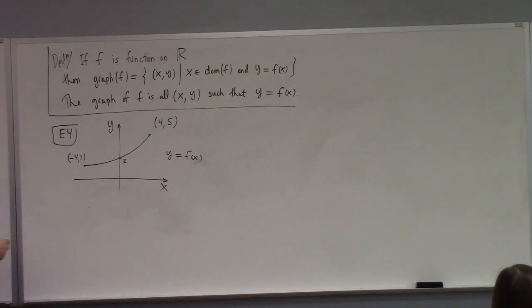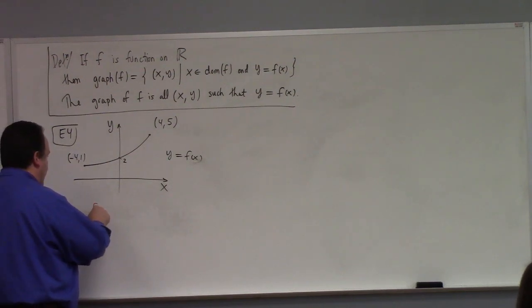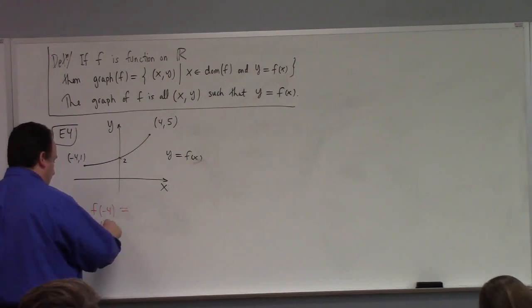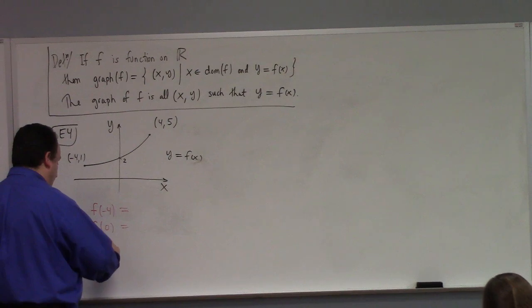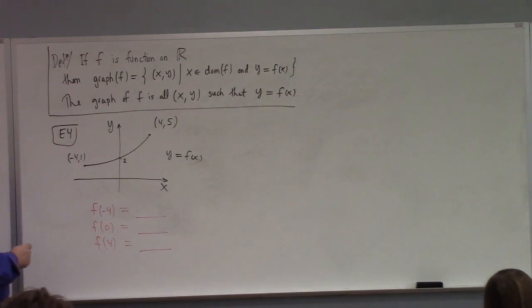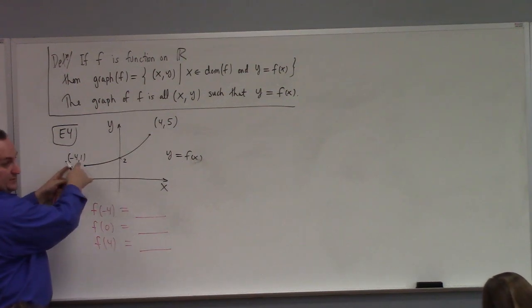So since this is the graph of a function, we can read from this a couple different things. So here's 3 different things you can fill in the blanks for me. F of minus 4 is equal to what? F of 0 is equal to what? F of 4 is equal to what? So f of minus 4, because this is the graph of the function, remember y is equal to f of x.